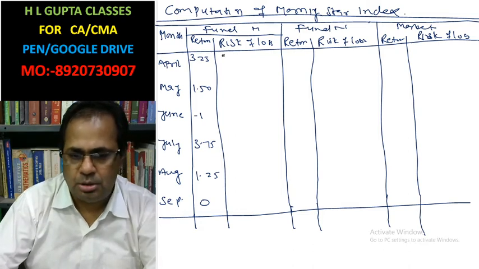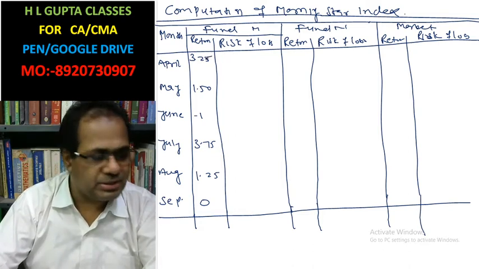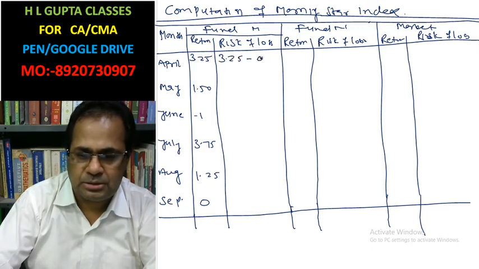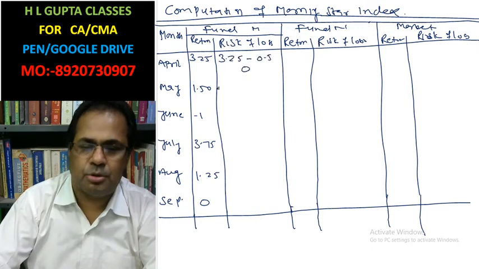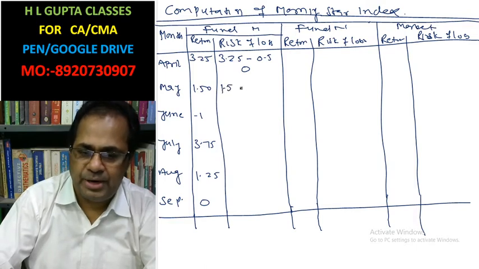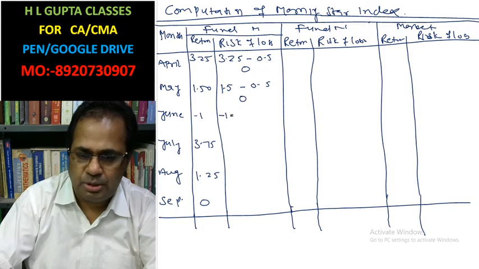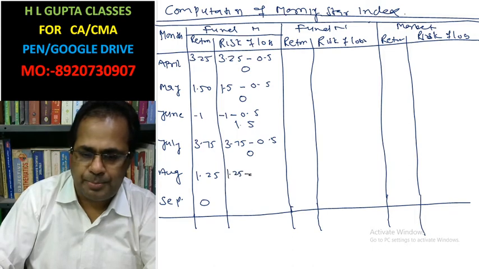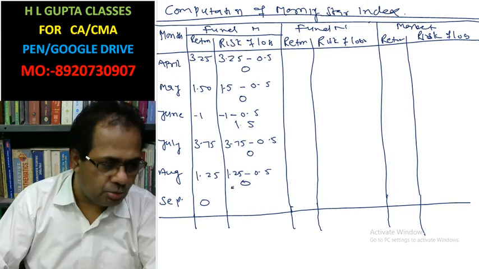Risk of loss: 3.25 minus 0.5, risk of loss is 0. 1.5 minus 0.5, risk of loss is 0. Minus 1 minus 0.5, risk of loss is 1.5. 3.75 minus 0.5, risk of loss is 0. 1.25 minus 0.5, risk of loss is 0, because it is positive.